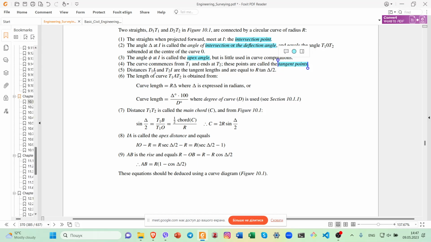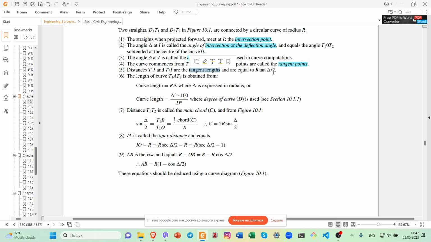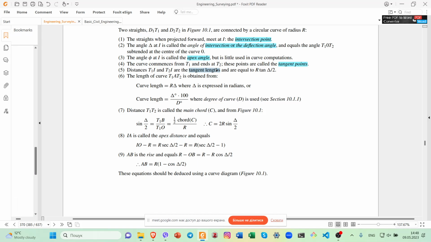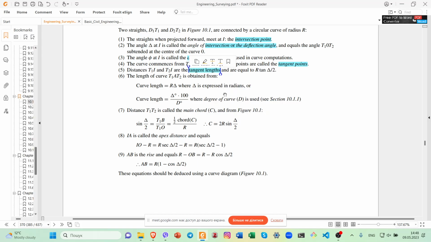Distances T1I and T2I are tangent lengths, and they are equal to R tan(delta/2).